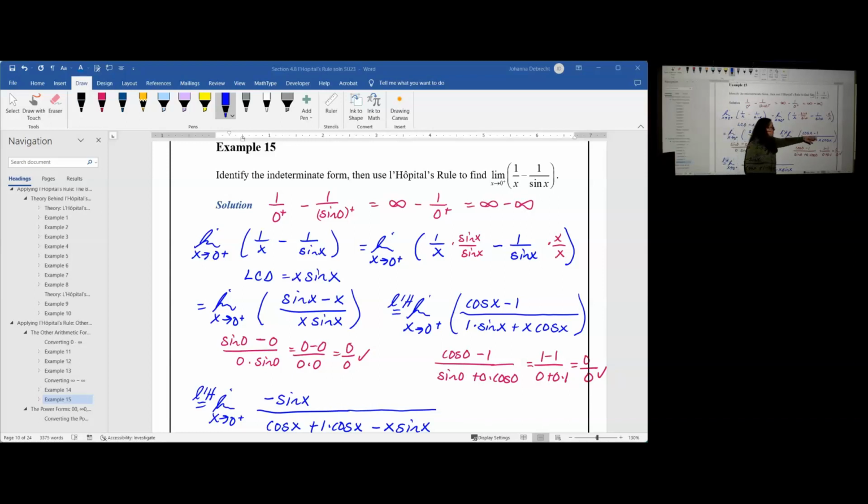Then I took the derivative of the numerator and divided by the derivative of the denominator. In the denominator, I had to use the product rule. Then I substitute what the limit is approaching again. This gave me, again, the form 0 divided by 0.